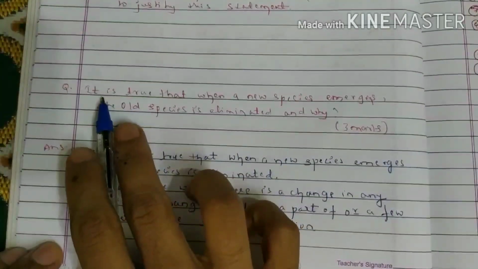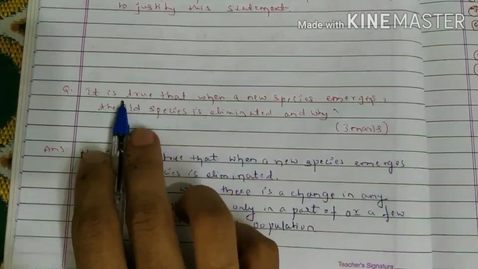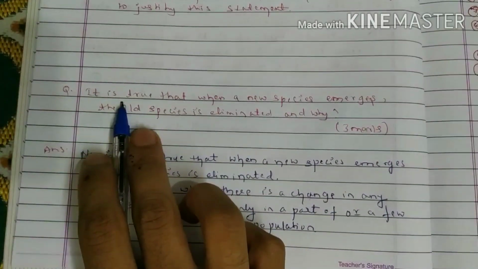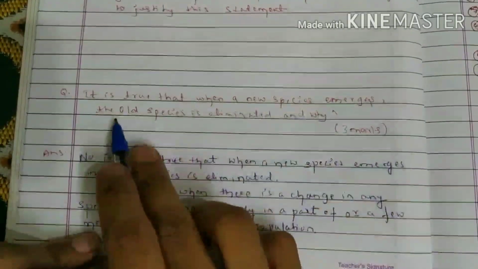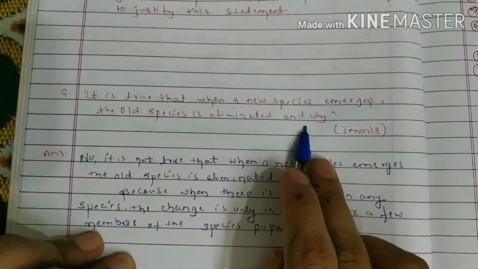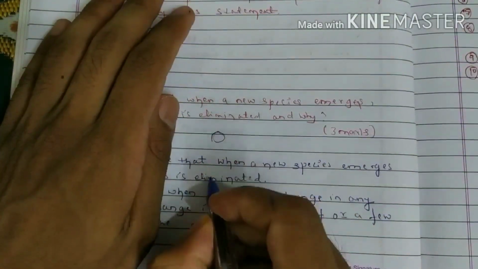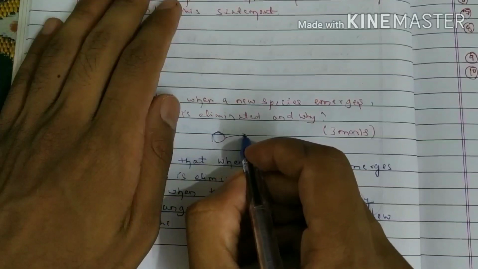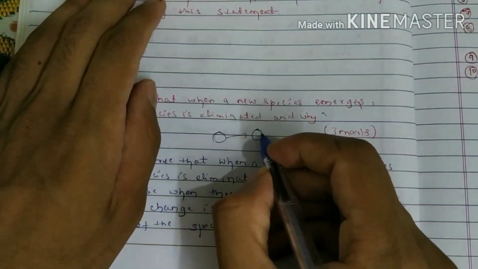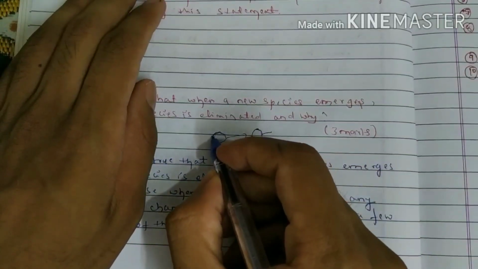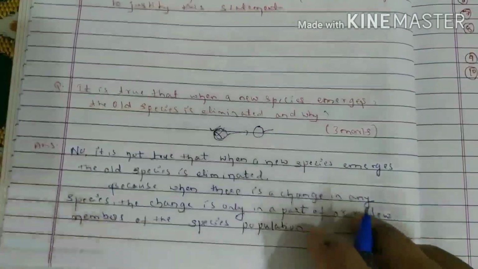So what is the question here? It is asking: is it true that when a new species emerges, the old species is eliminated, and why? For example, suppose one species is there, and it reproduces and a new species forms. The question asks whether the old species is eliminated or is still present in the population.